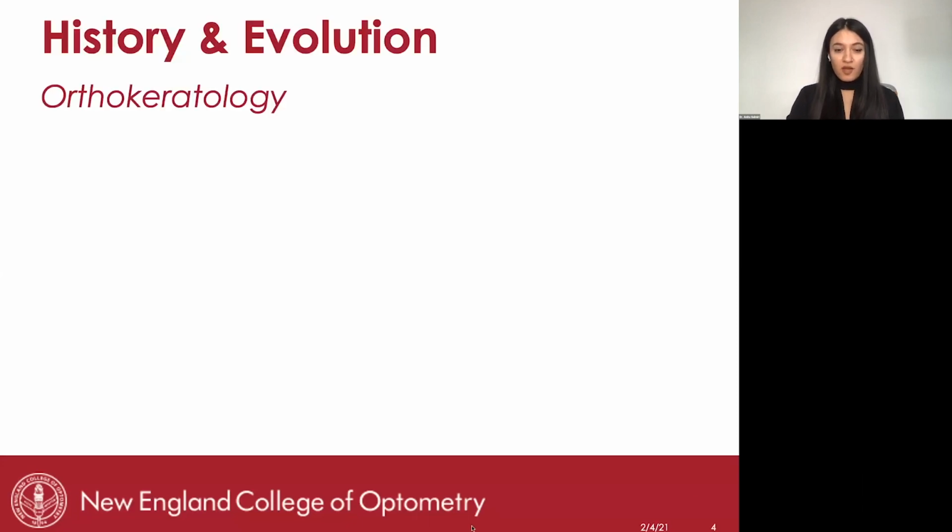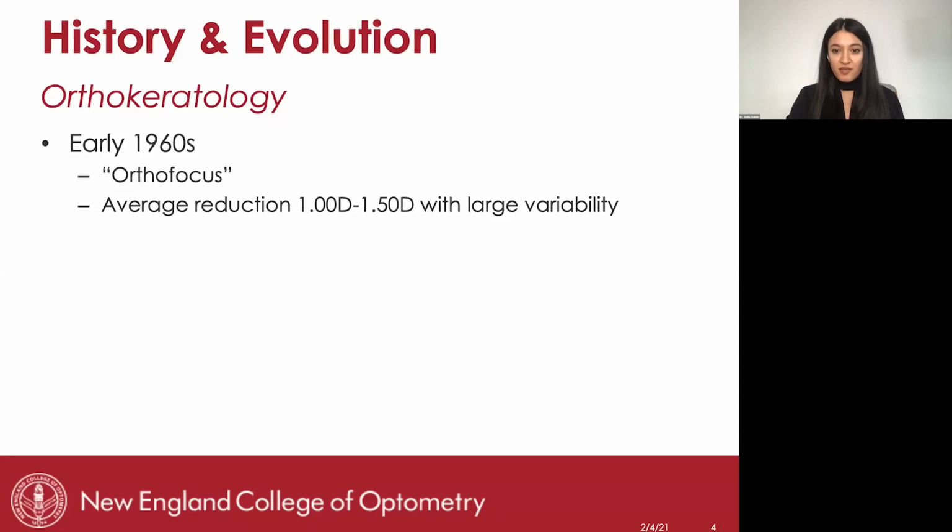With orthokeratology, it's been used since the 1960s in one form or another in the United States. George Jessen first attempted to deliberately correct myopic refractive error using rigid contact lenses, using a technique called orthofocus.